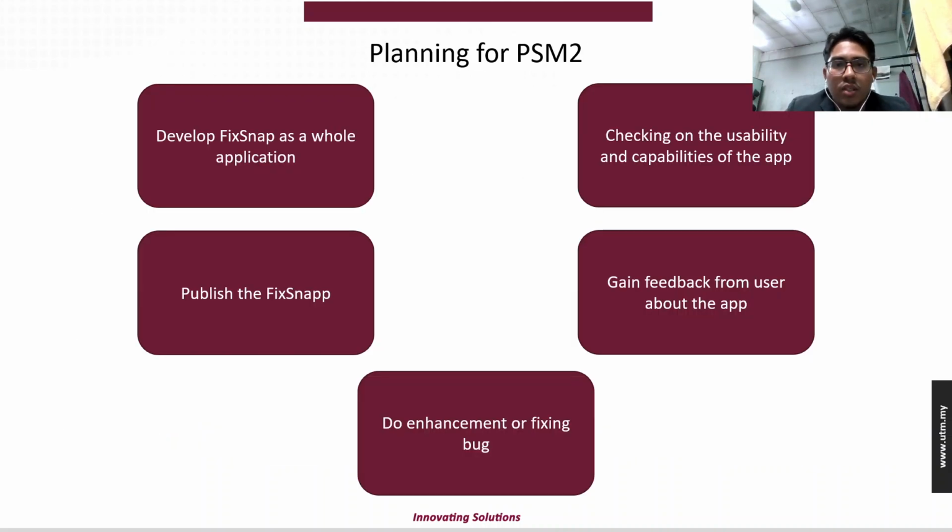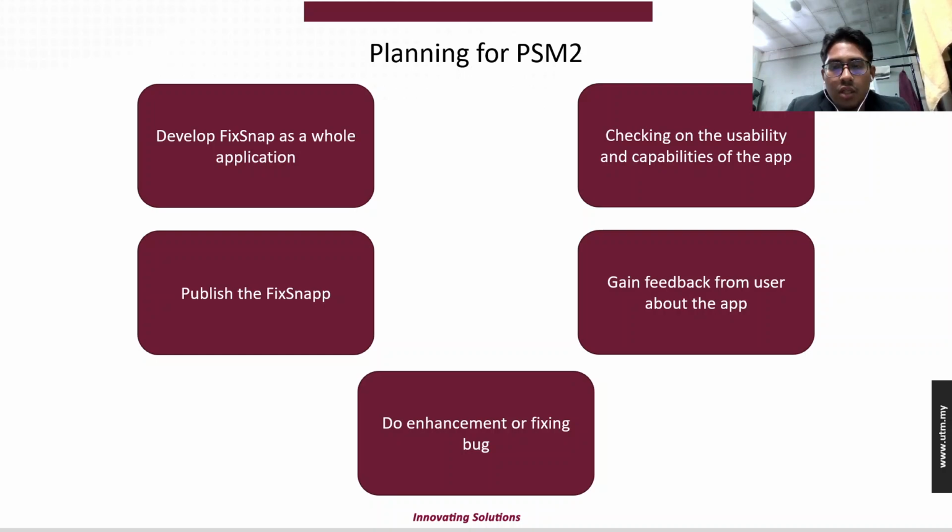Okay, so we go to the planning for PSM2. I plan to develop the FixNet application as a whole application. Basically, I will start writing the code and also publish FixNet.